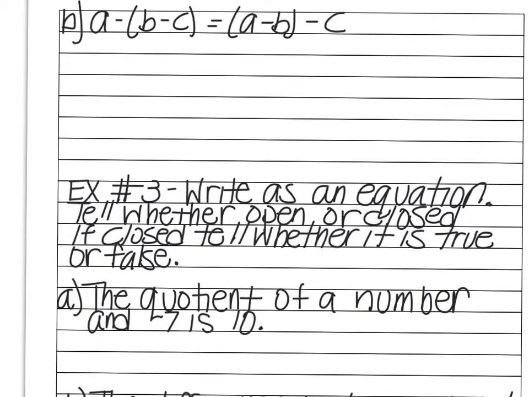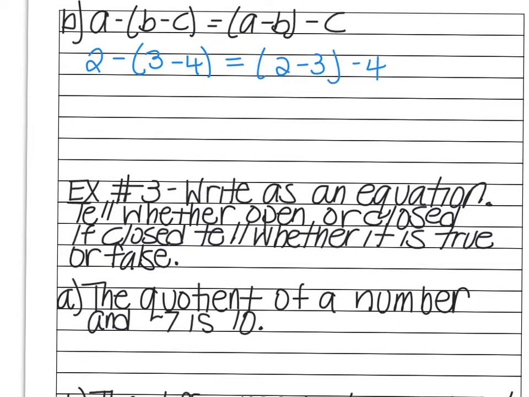The first thing let's try is to plug in 2 for a, 3 for b, and 4 for c. So 2 minus 3 minus 4.